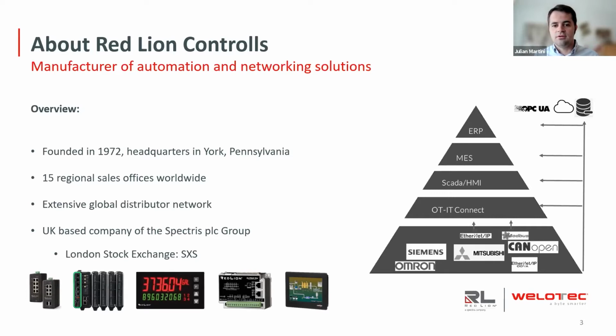This is what we do for a living. We've been doing this for quite some time. Founded in 1972 in York, Pennsylvania, we are a US-based company with an international footprint of 15 regional offices worldwide. Back to you, Jost.